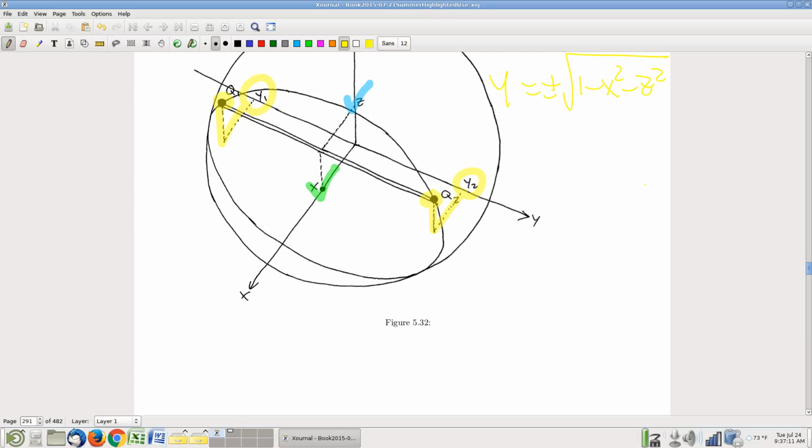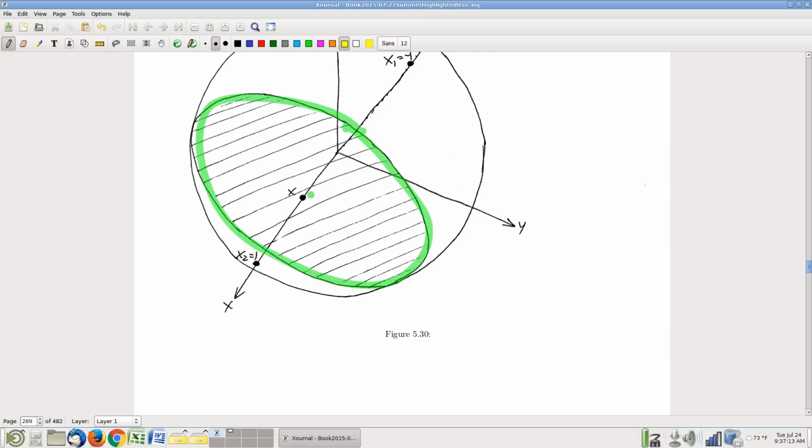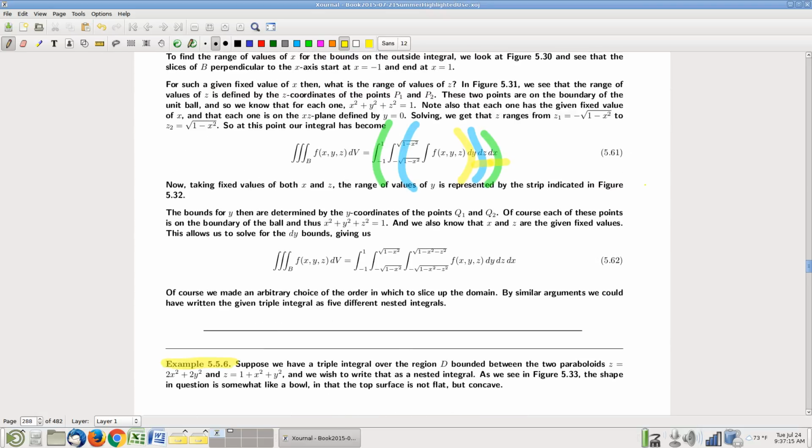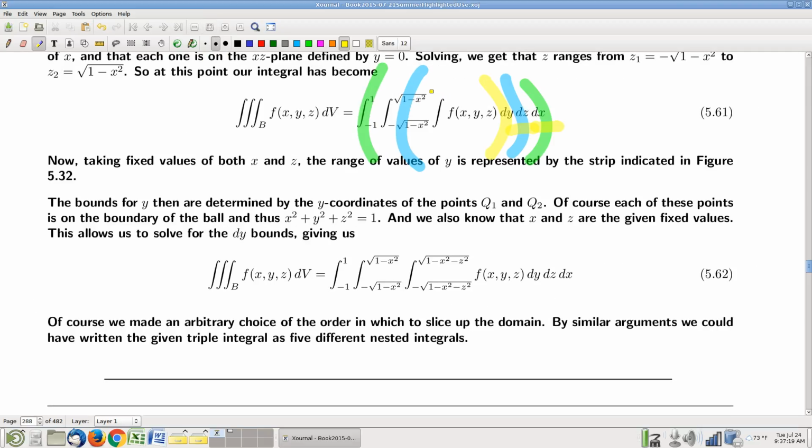Alrighty, so that gives us our final bounds, which I guess are back here. Our y bounds from there to there. Now, is this a desirable integral to compute? Very much not.